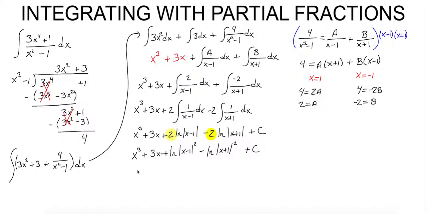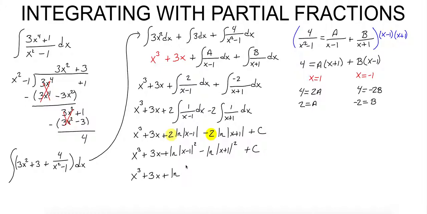All right, so this could be written as x cubed plus 3x plus the natural log. And again, here's where you can get a little bit creative. If I have x minus 1, it's the absolute value squared. Well, the absolute value doesn't really matter because no matter what, if I square it, it's going to be positive anyway. So I don't really need the absolute value anymore.